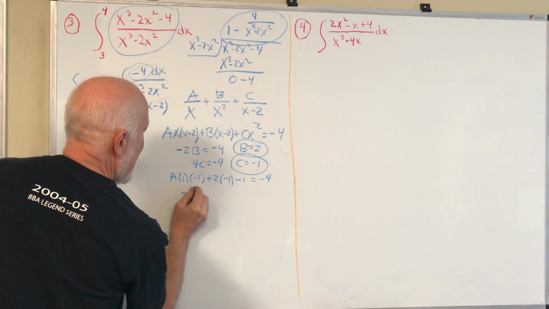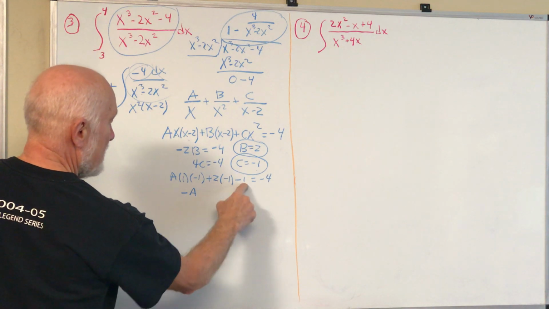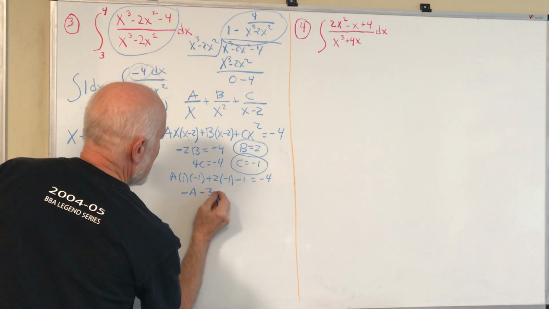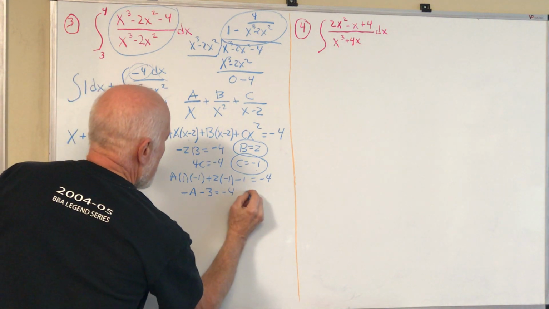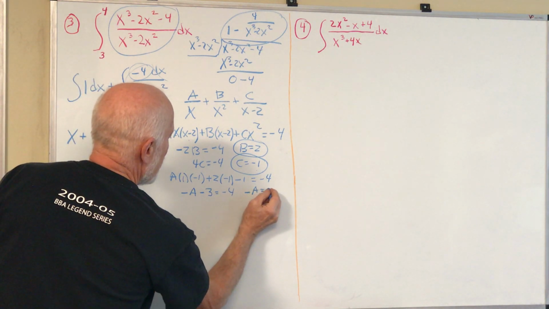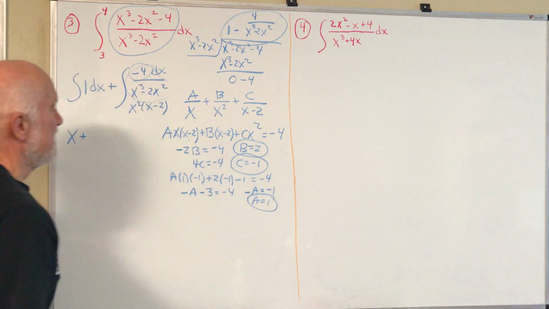So we get negative A minus 3 equals minus 4. Or minus A equals minus 1, or A equals 1.